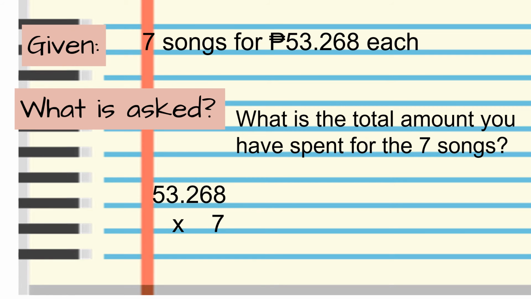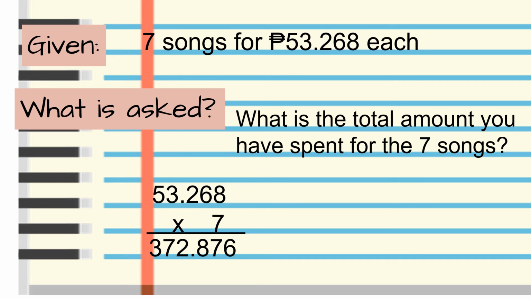So we'll multiply 53.268 times 7: 7 times 8, 7 times 6, 7 times 2, 7 times 3, and 7 times 5. Then, locate the decimal point, the same number of decimal places as we have in the factors. As you can see, we have 3 decimal places in the first number, 268.